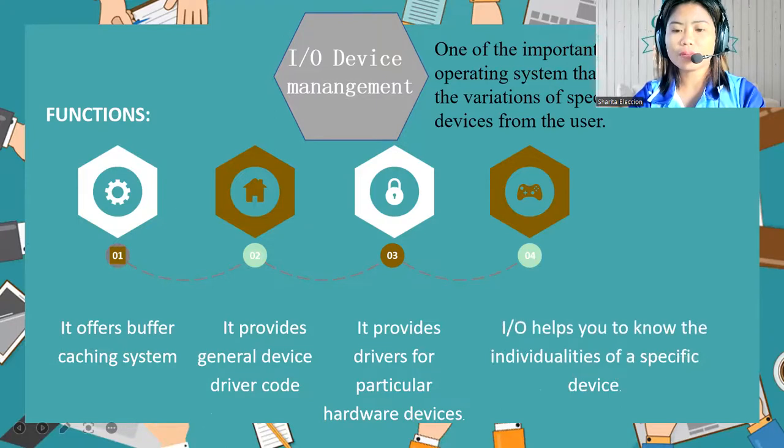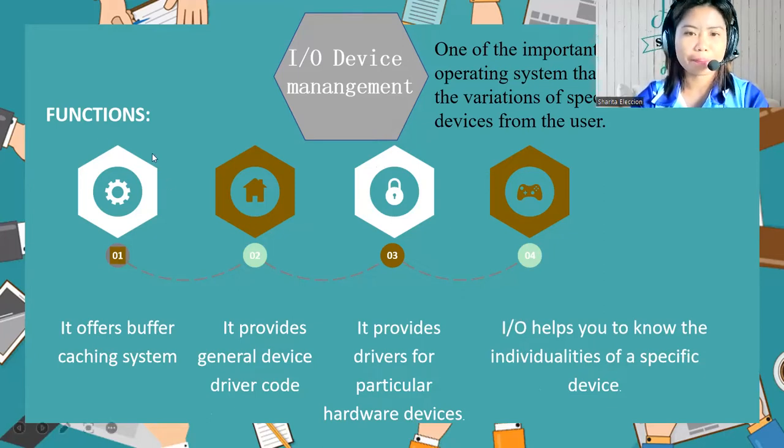Next, input output management helps you to know the individualities of a specific device, every specific hardware device that is connected to the whole computer system. Okay, so that's the input output device.